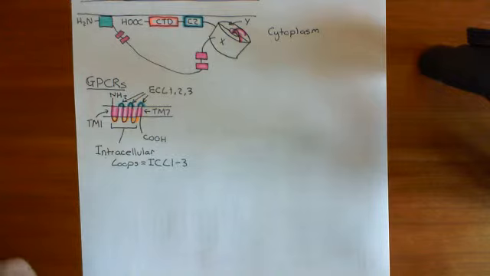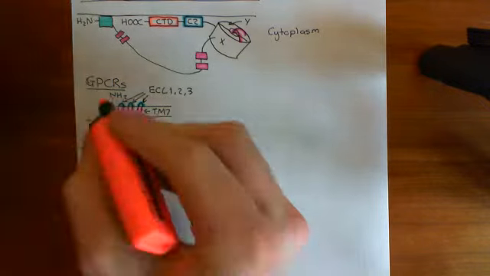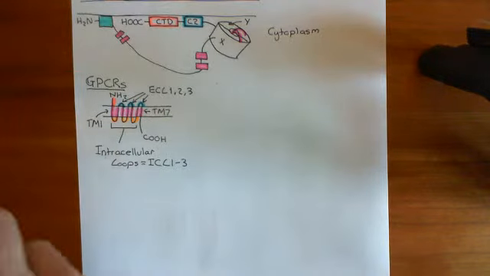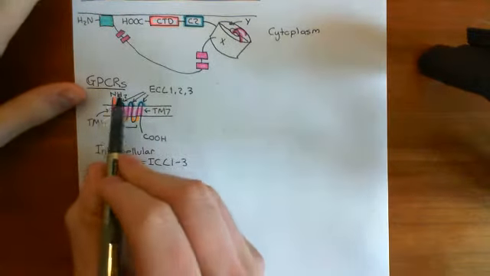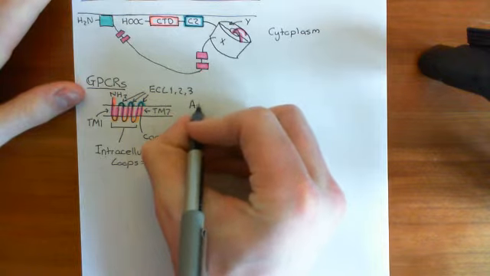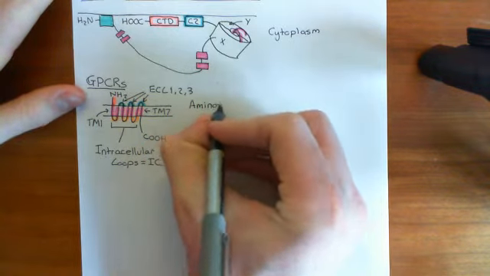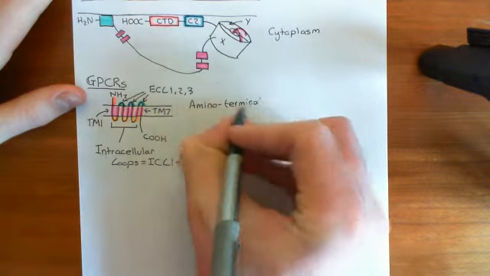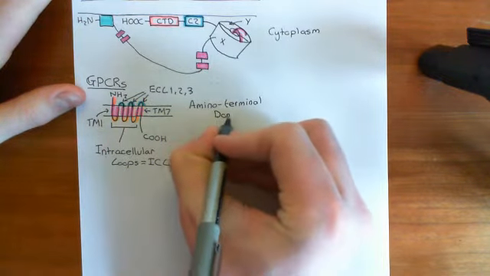Now the final 2 domains to discuss are firstly this domain that's prior to the first membrane-spanning alpha helix and is extracellular. That domain is known as the amino terminal domain, and for short, it is often abbreviated to the ATD.